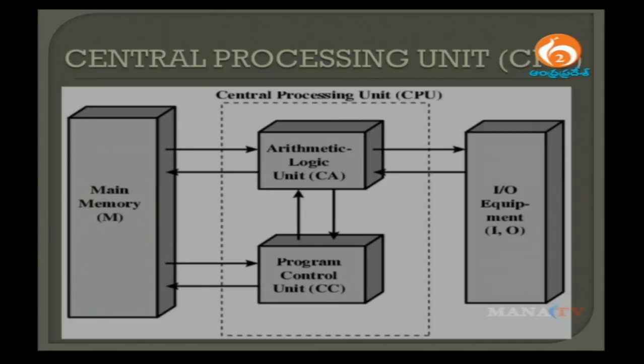And then we have the I/O equipment, which gives the information back to the arithmetic logic unit. At the same time, the program control unit, vice versa with the main memory, gives and exchanges the information, and everything is basically happening with the main memory of the CPU.